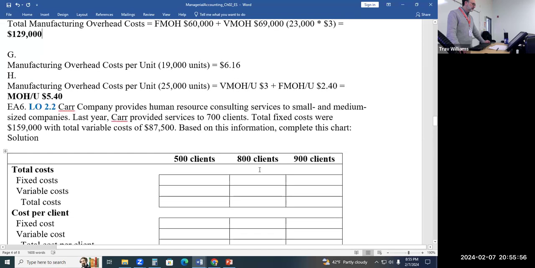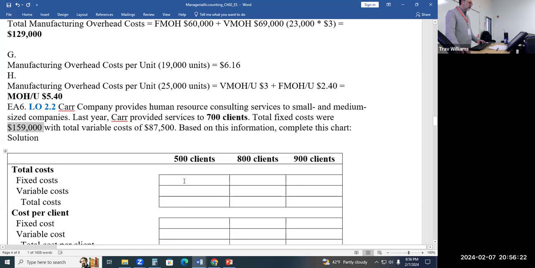So number 6 is a similar thing with a service company. So in this case, the units are clients, okay? All right, so it says last year, this company provided services to 700 clients. So the data that we have is based on 700 clients. Their total fixed costs were $159,000.